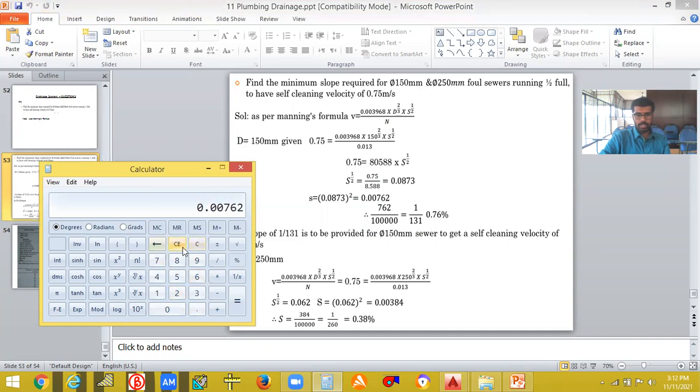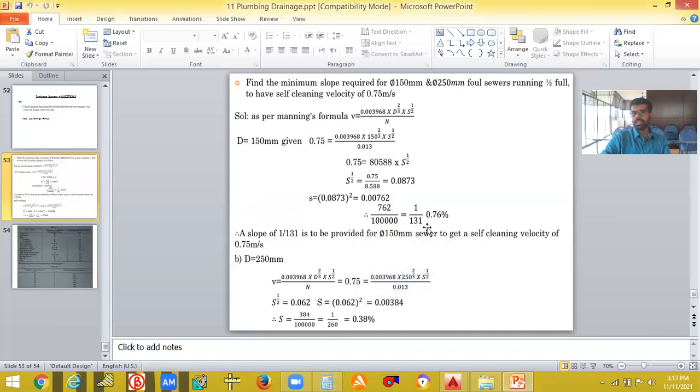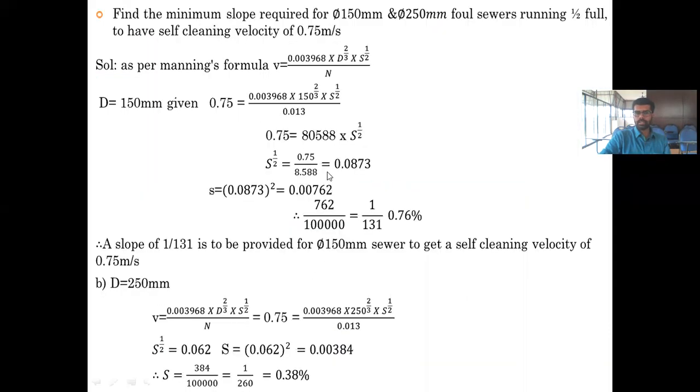Sorry, 1 divided by the answer. 1 divided by 0.00762 is equal to 131. So the slope is 1 by 131 or 1 is to 131, which means that for 131 meter length, 1 meter is the slope. This is the way to find out the slope in fraction.